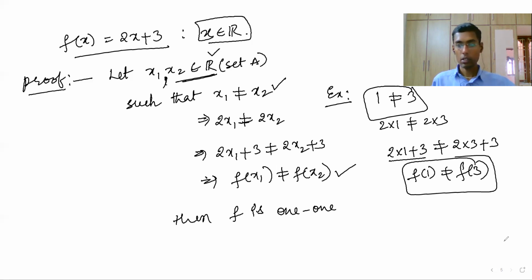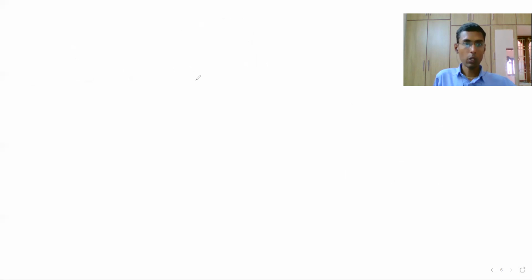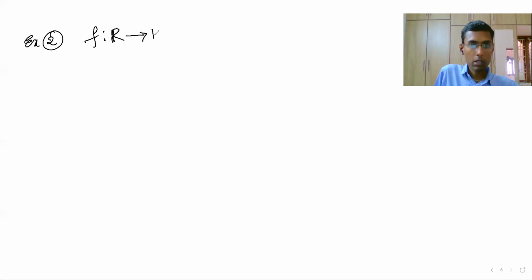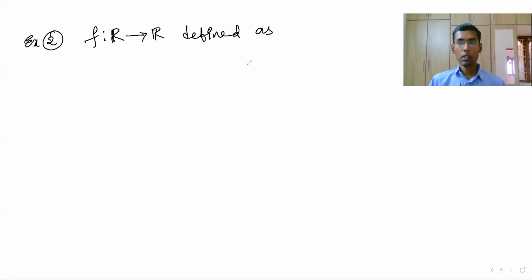All right, so we'll go for the next example. f is a relation from real numbers to real numbers, defined as f of x equal to x square.